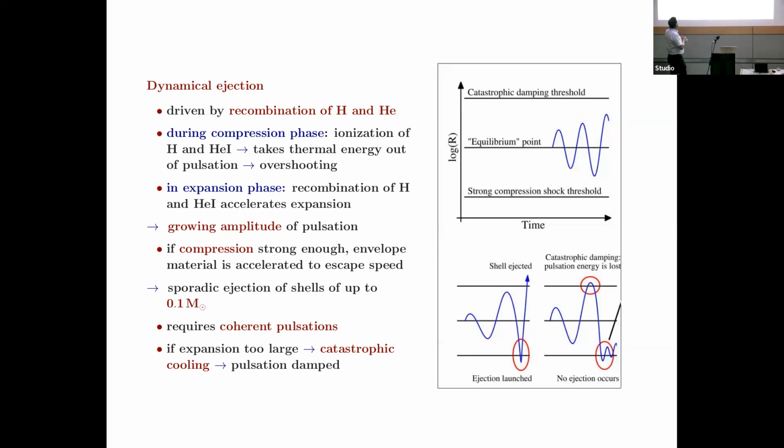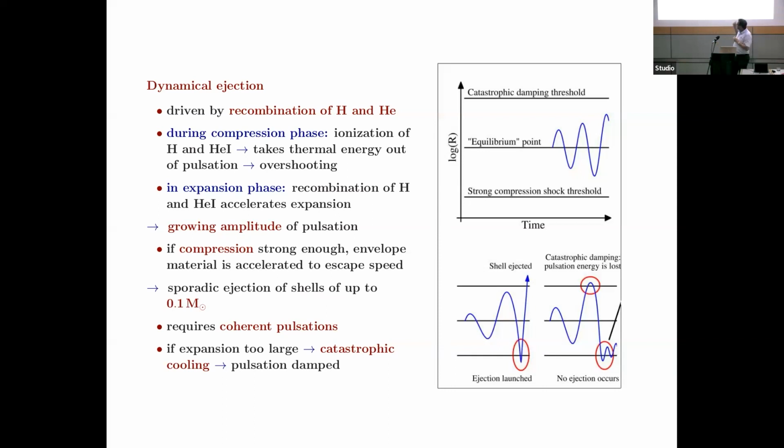You get more of a compression because you overshoot because of the loss of energy to ionization. Now then, when you expand, you give that energy back. And that actually gives you an acceleration, it gives you a push. And so this is a classical situation where at some point in your pulsation cycle, you always get an extra push. And that's why you get these growing pulsations.